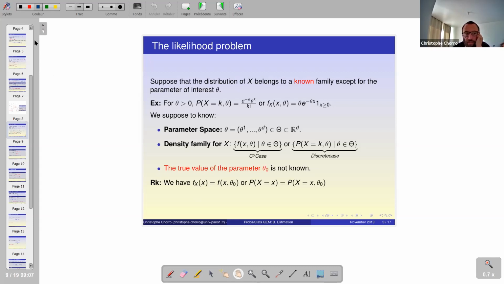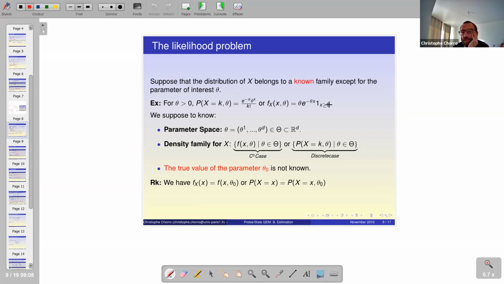I know from the definition that if I have a Poisson distribution of parameter theta, my probability mass function is given by this one. But for the moment, you don't know what theta is. The only thing you know is that X follows a Poisson of parameter theta.